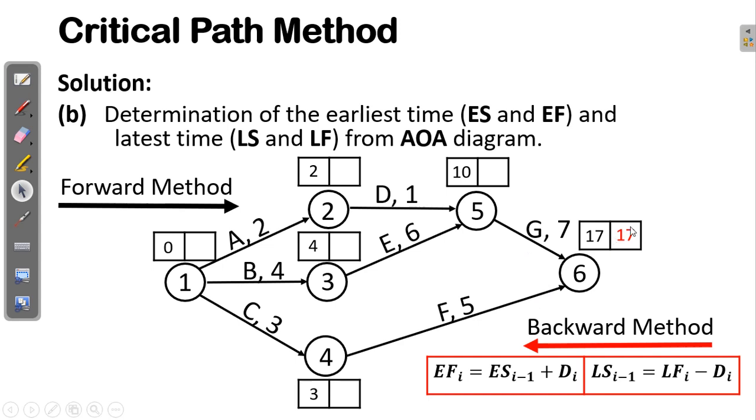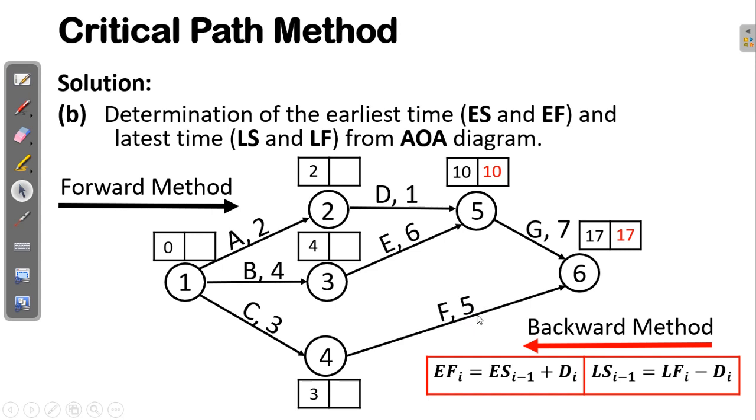Now, after having this late finish time for activity G and F, we need to go back to find the late start time. So this 17 is the late finish time. The late start time of activity G is the late finish time minus the duration, and at this node we are going to have 10.